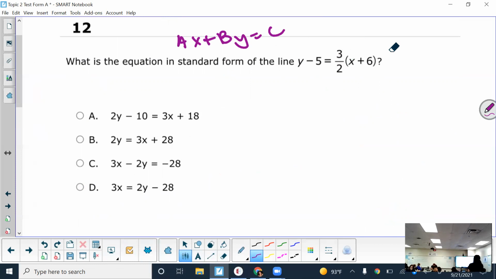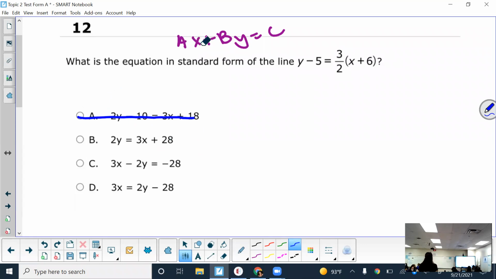Let's look at our answers. Which one can I eliminate right off the bat? Which ones are not in standard form at all? A for sure. What's wrong with C? I don't see anything wrong with C. Can I eliminate B?